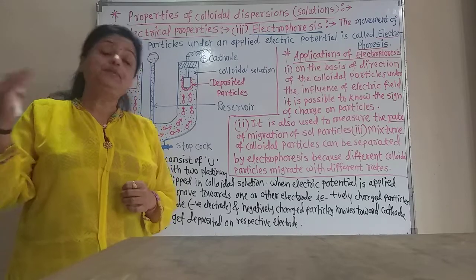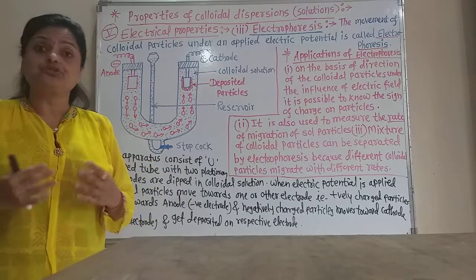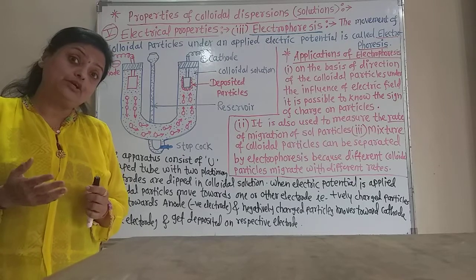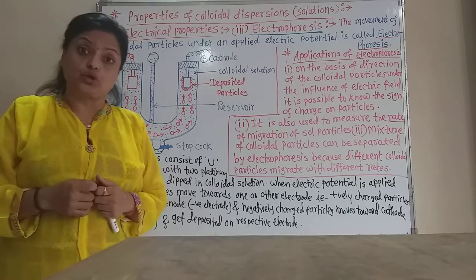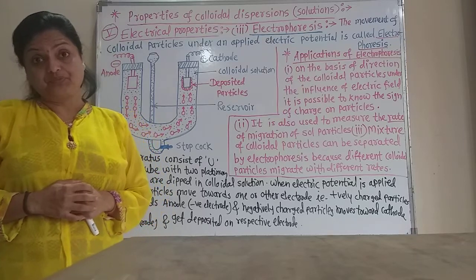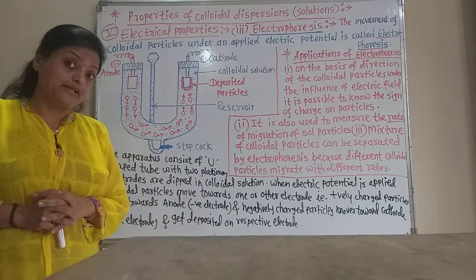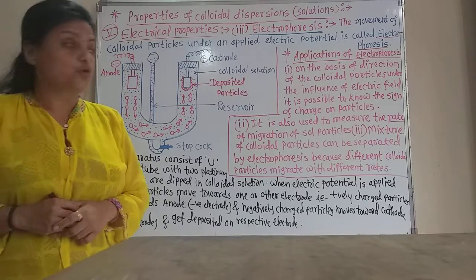That means if the particles have a positive charge, then they migrate to the negatively charged electrode and get deposited there. In this way, they are separated from the dispersion medium. This is called electrophoresis.